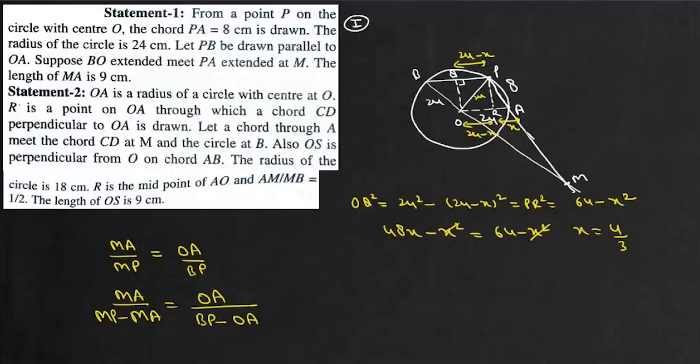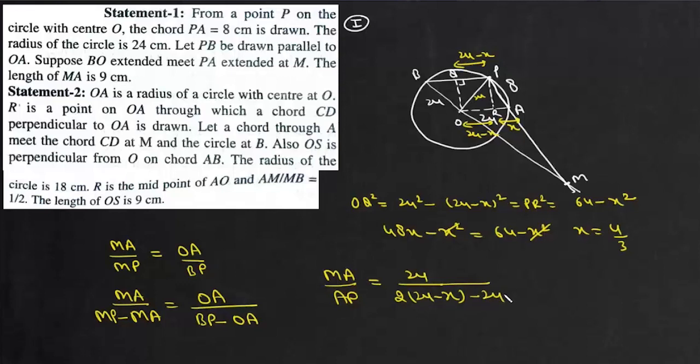Now MP minus MA is AP, so we can write MA upon AP, and that will be equal to OA, and OA is simply 24, upon BP. BP is 2 times 24 minus X minus OA, which is 24.